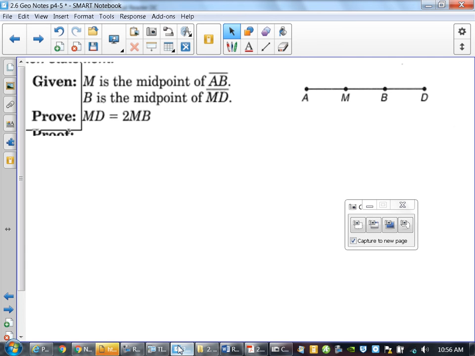As we get used to this, it's going to be very easy to bounce back and forth. Pretty soon, in the next couple of weeks or so, you probably won't have to look at your sheet about what to do when you see a midpoint. It's going to become second nature because you know that a midpoint creates equal segments.